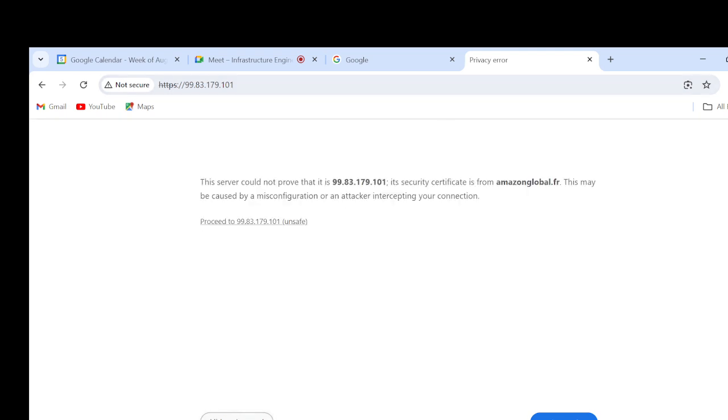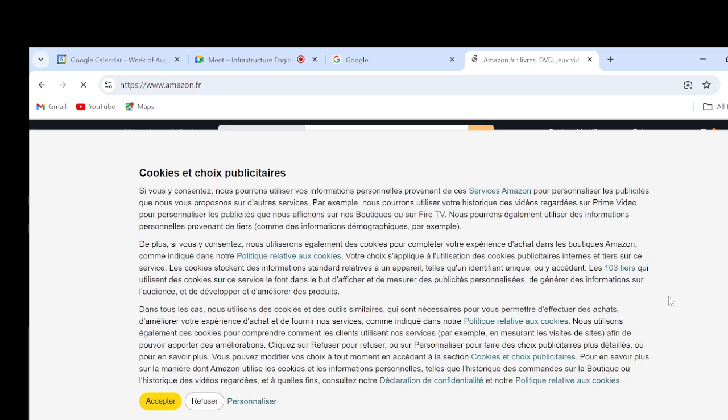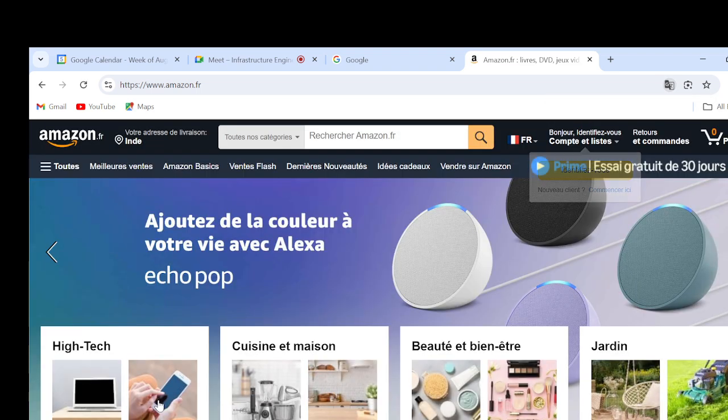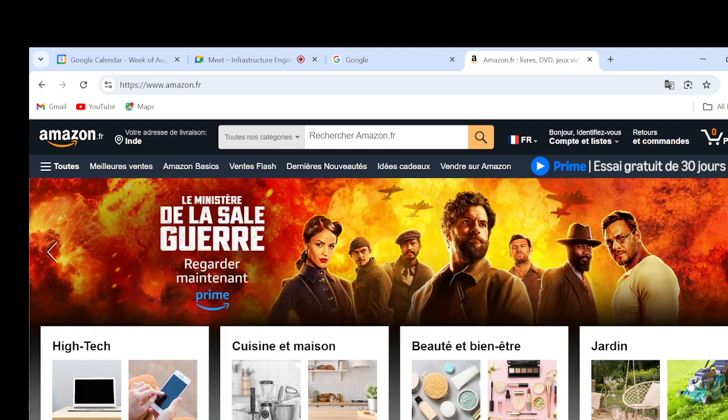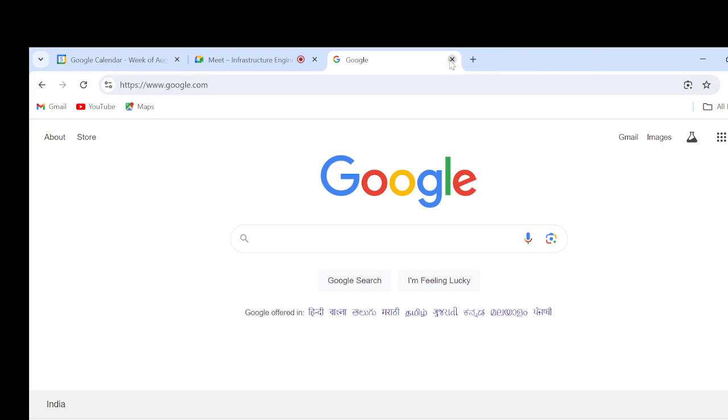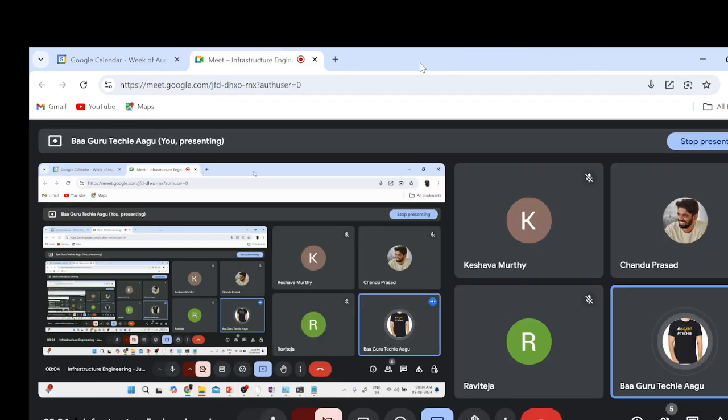See, it is opening. It is giving some warning, but that's okay, if you safely proceed. If you accept, see, it went to Amazon. Okay, so this is how you can find an IP address or the information of the device.